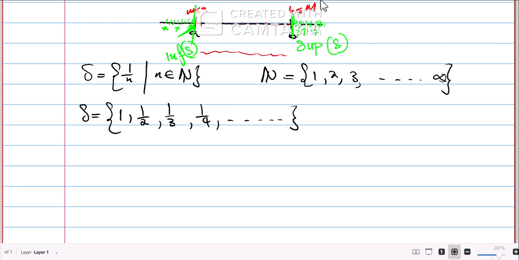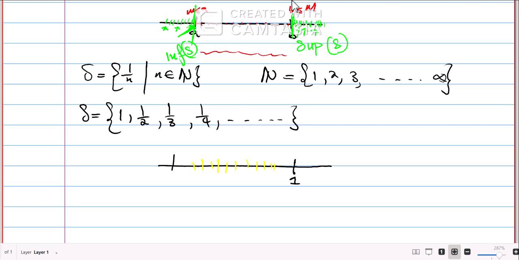Now we can see that we have a set which looks like this. We have 1, and these values here are less than 1. They are less than 1, and these values approach 0.